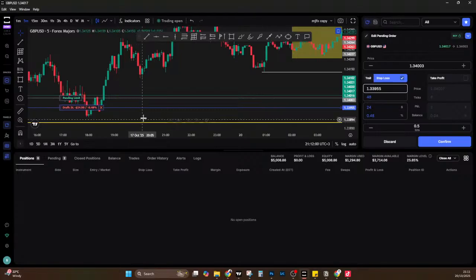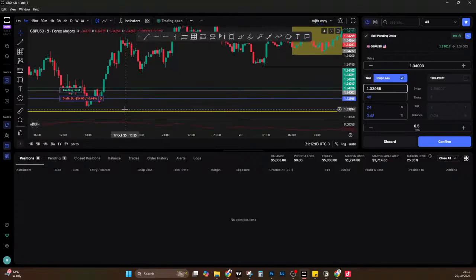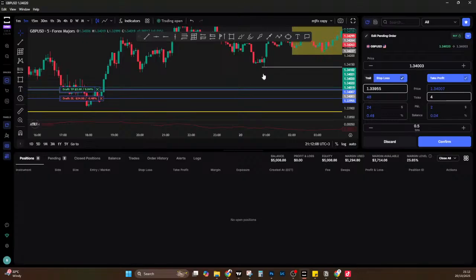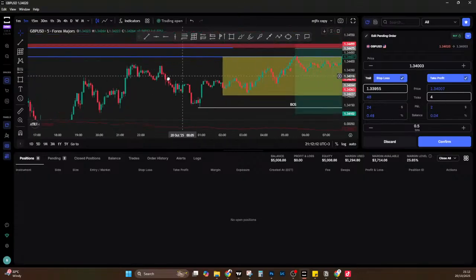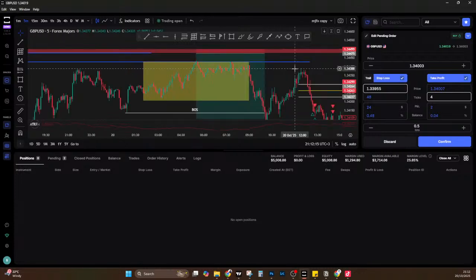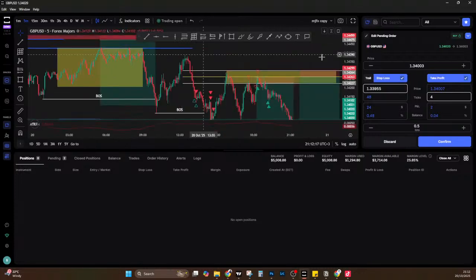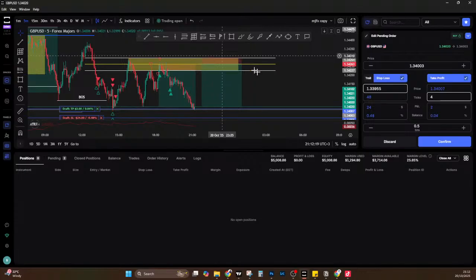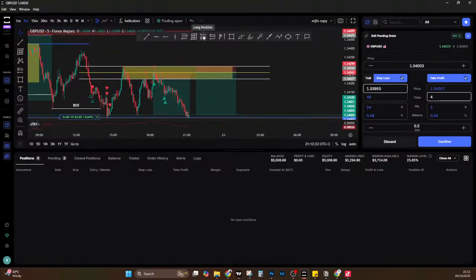If you use 0.5, there's someone who is asking on TikTok. If you use 0.5, it depends on the pair. But if you use the normal pair, our target is about 40 pips.